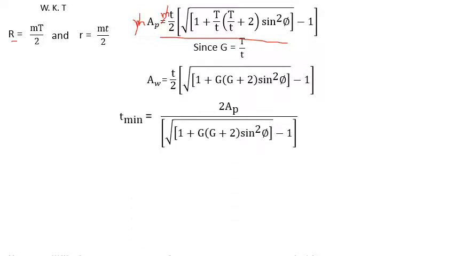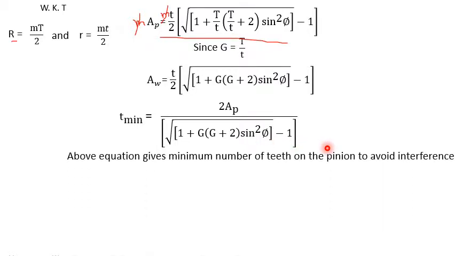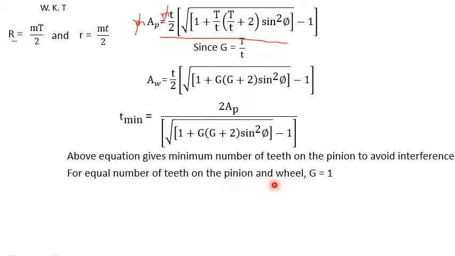Now minimum number of teeth on pinion to avoid the interference becomes 2 times the addendum of pinion divided by root of 1 plus G into (G plus 2) into sine square phi, minus 1. Suppose the number of teeth on gear as well as pinion is equal, then G value becomes 1.